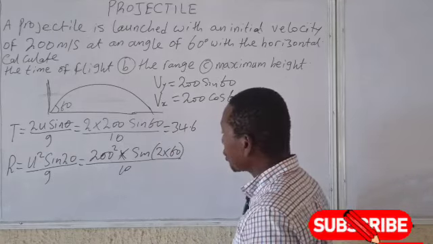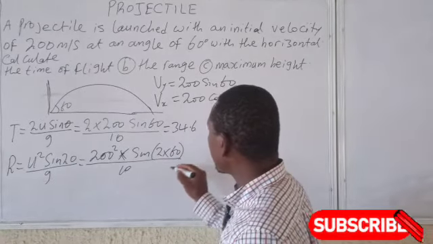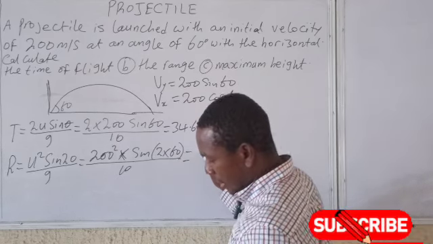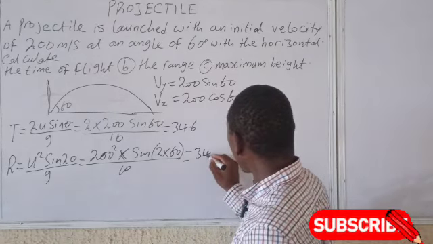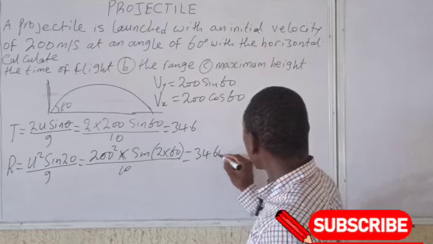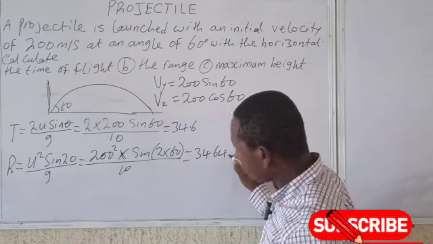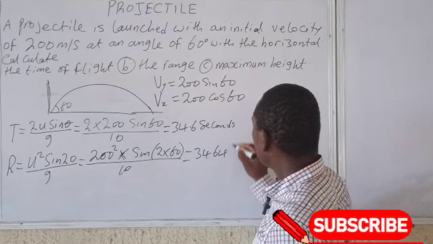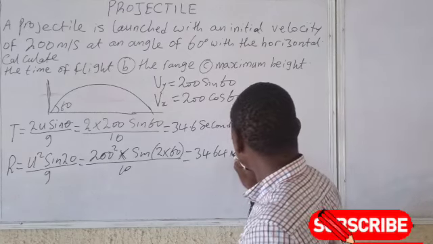So you use your calculator. So you have your range as 3464. All right. Remember, this is seconds actually. This is meters.